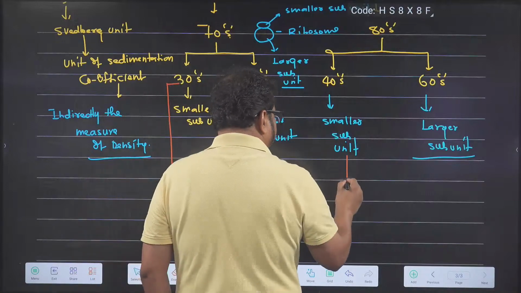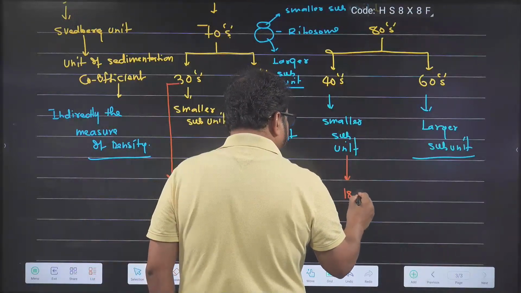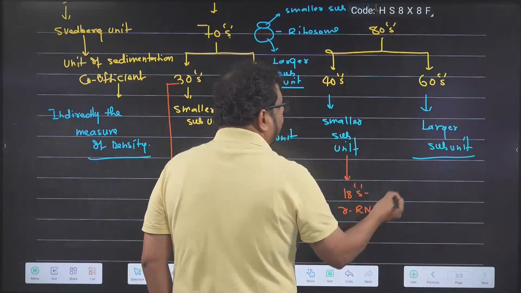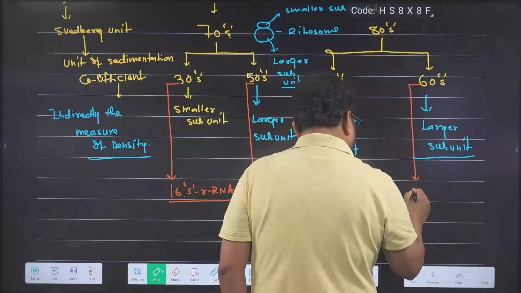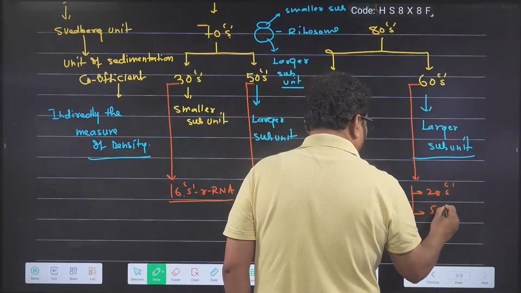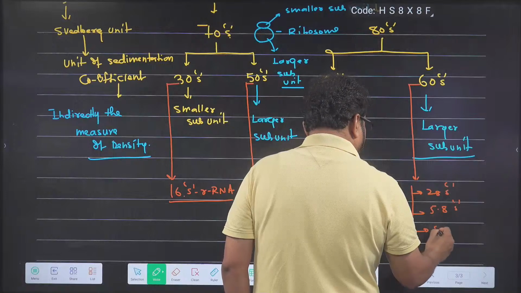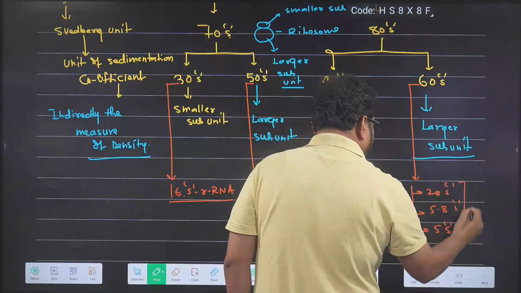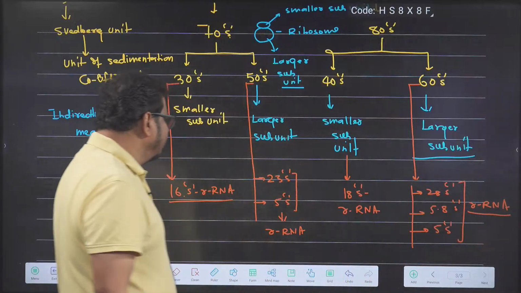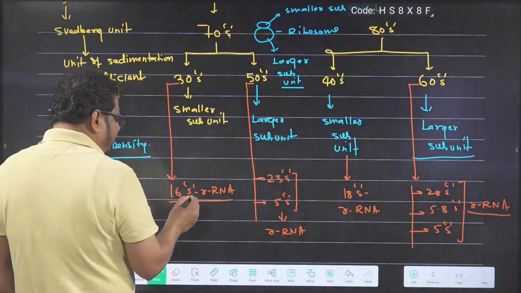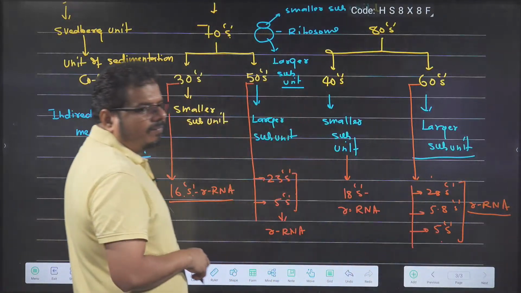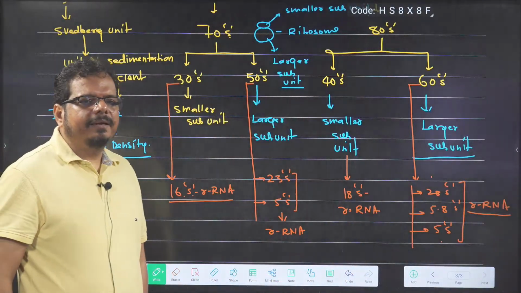In 40S, 18S rRNA is present. And in 60S, three types: 28S, 5.8S, and 5S ribosomal RNA. Got the idea? I have given the idea about which subunit has which type of ribosomal RNA. Is it clear in the mind?